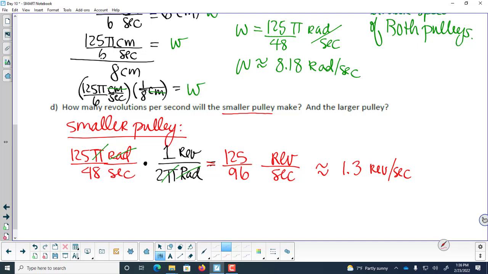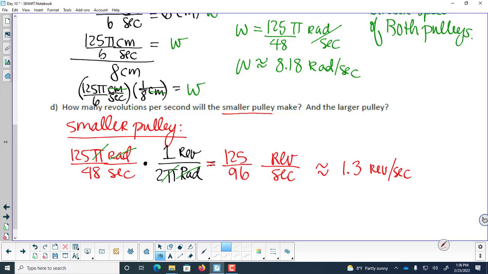Okay, so do you feel like you could do the larger one? Do you just do 25 divided by 36? Yeah, 25 divided by 36, because it's 25 revolutions in 36 seconds. You just divide revolutions by time. But they give us revolutions per second, you just convert it to radians.